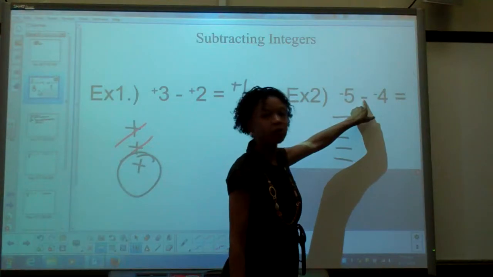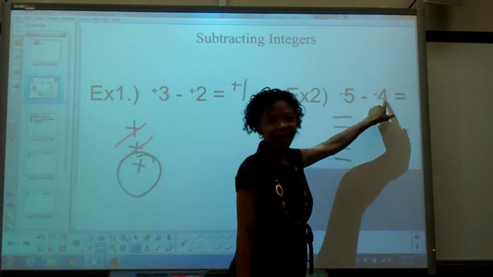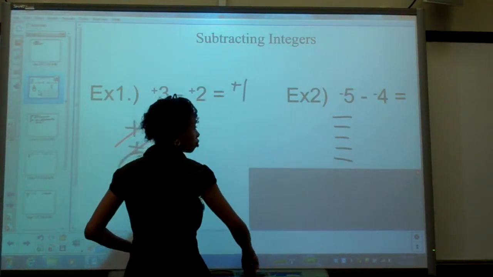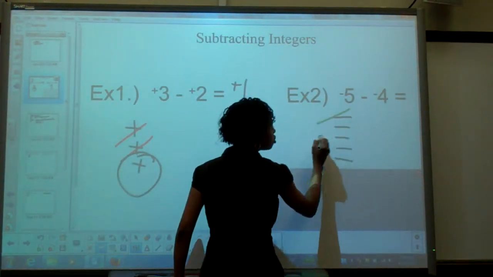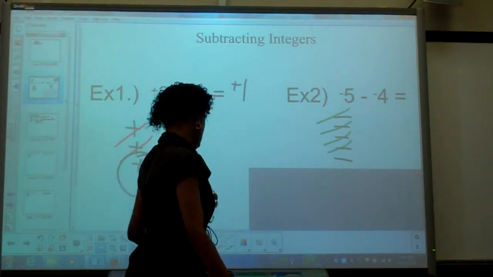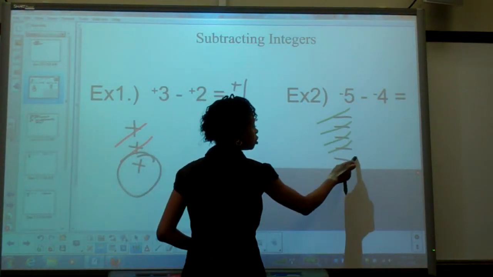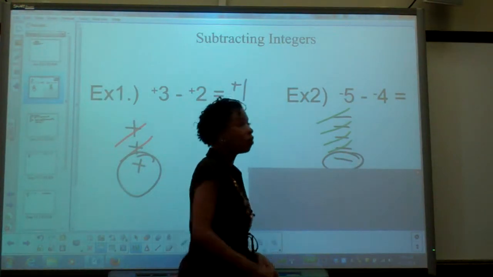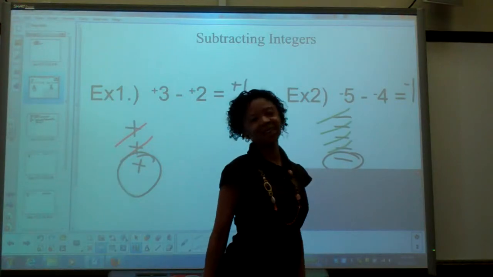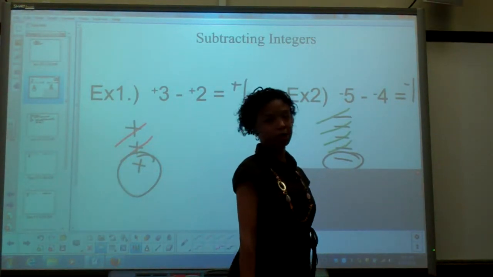Remove what? 4 negatives. Do we have 4 negatives to take out? Sure we do. There's 1 gone, 2 gone, 3 gone, 4 gone. Final answer should be in 1 charge. Is our final answer in 1 charge? It is. It's -1.